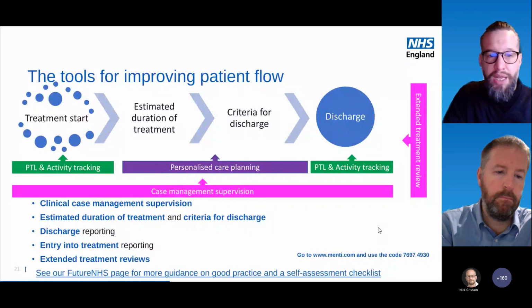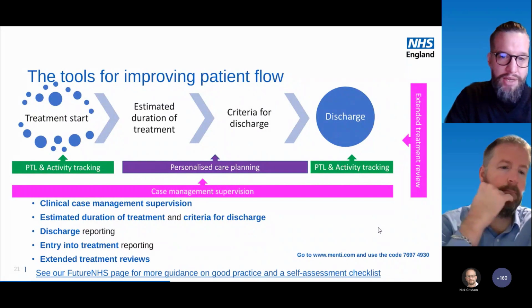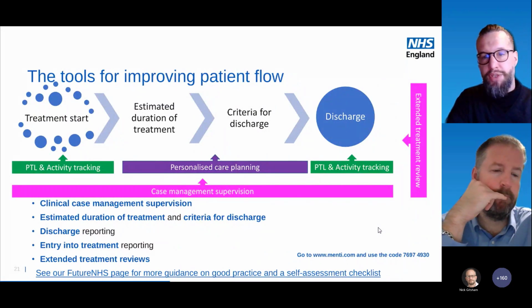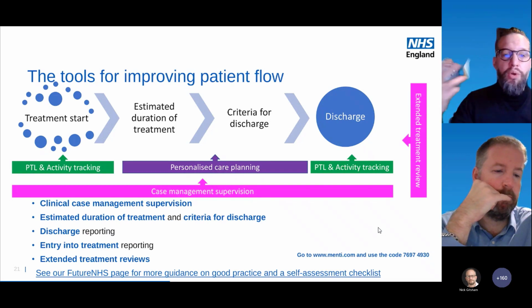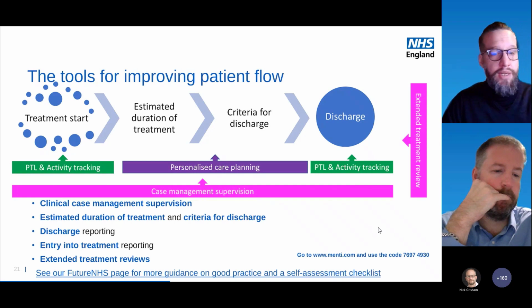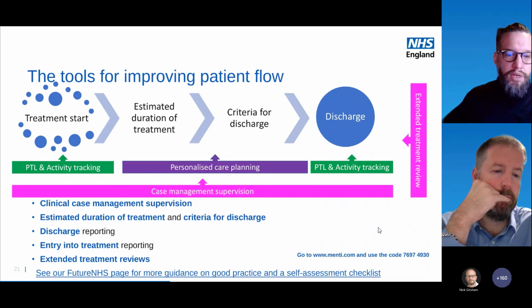And if this isn't in place, it's common in services that feel overstretched for patients who are transferring in from other teams to be managed with a lower priority for treatment starts than new patients. And this lack of pull through of patients into a service in a timely way often becomes a bottleneck, and that causes a systemic risk to patient flow across the system.